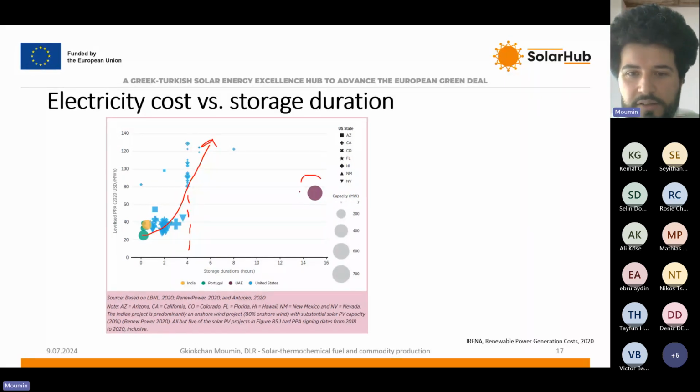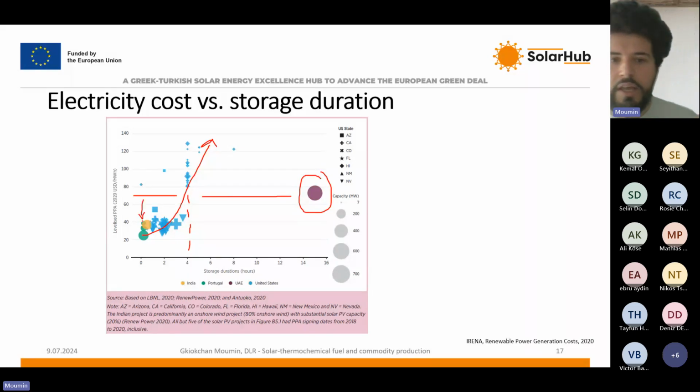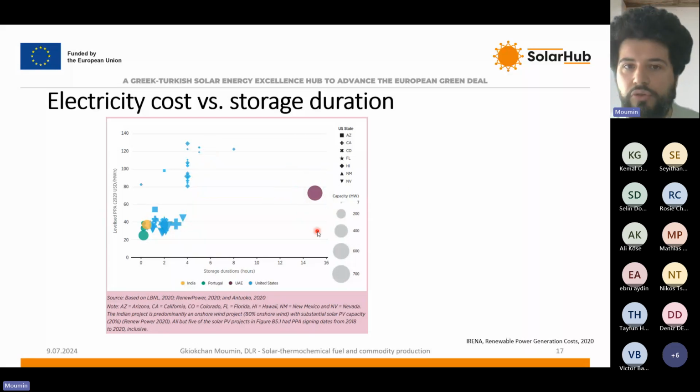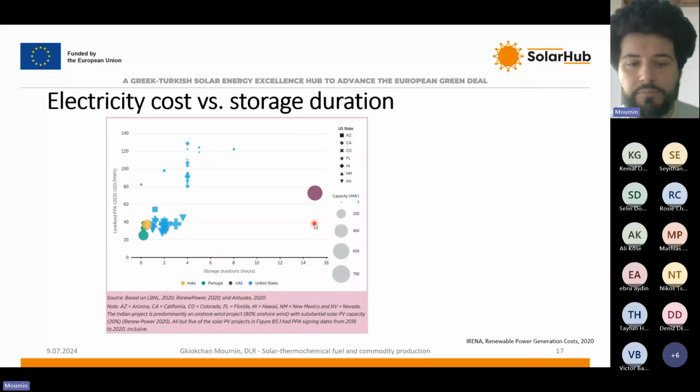And you can guess the data here from the UAE is a CSP plant. And you can see that while CSP will look more expensive than PV without storage, it's clear that with storage, it's a very, very attractive solution. And that's the main reason also why CSP is employed mainly for electricity production, as electricity is more expensive than heat.